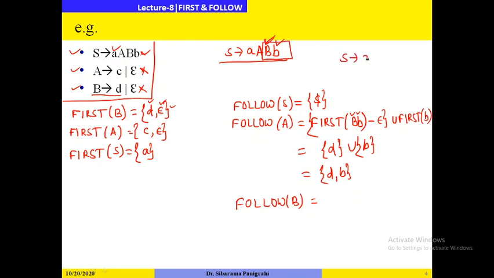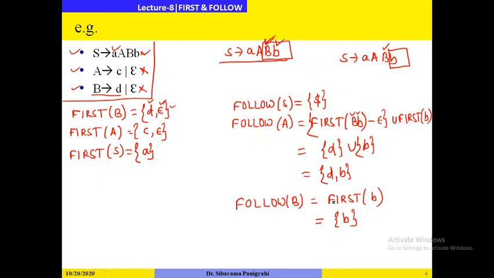S gives A B B. While computing follow of B, what you have to do is compute the first of lowercase b. It is nothing but first of rest. First of b is a terminal, so first of b will contain only b. So the follow of B is nothing but lowercase b. I hope all of you have got this much, right?